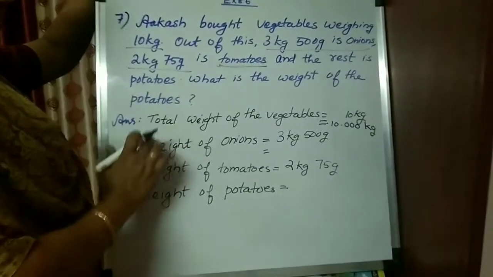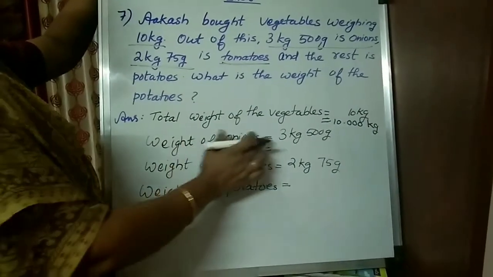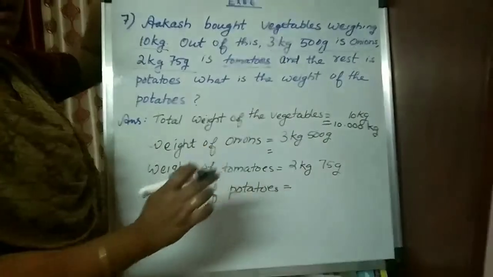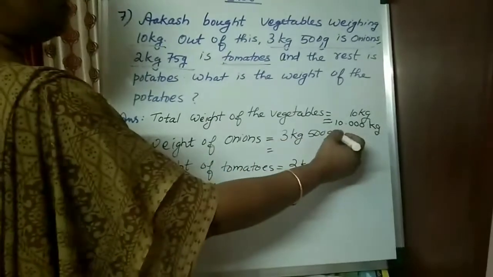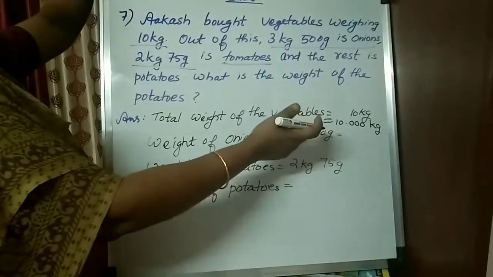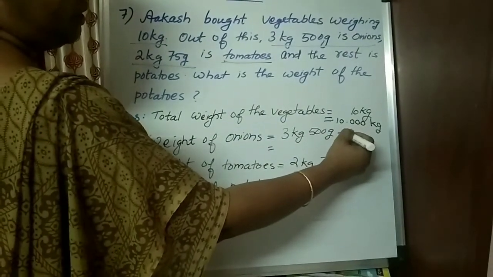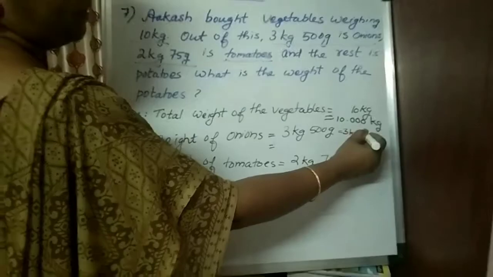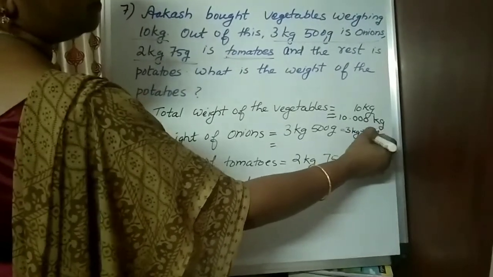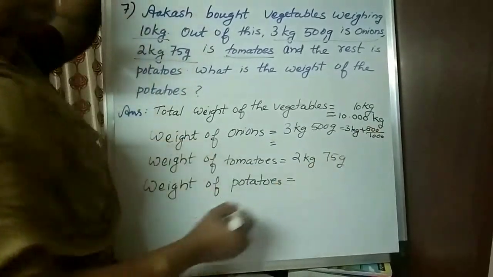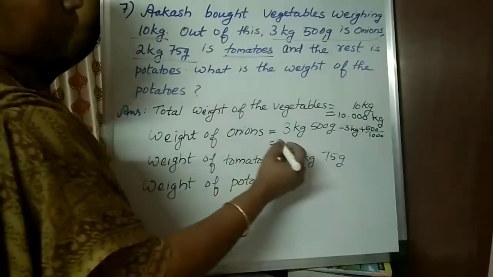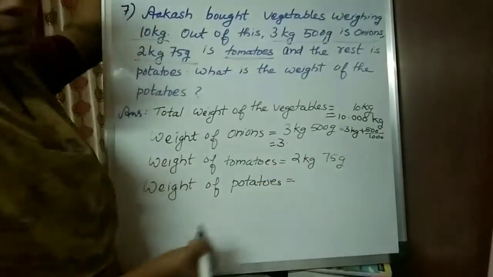Then what is your next step? Weight of onions, that is 3 kilogram 500 gram. Here also you write it in decimal form. That is 3 kilogram plus 500 by 1000. This way you convert into kilogram. That is 3 is the whole number part.